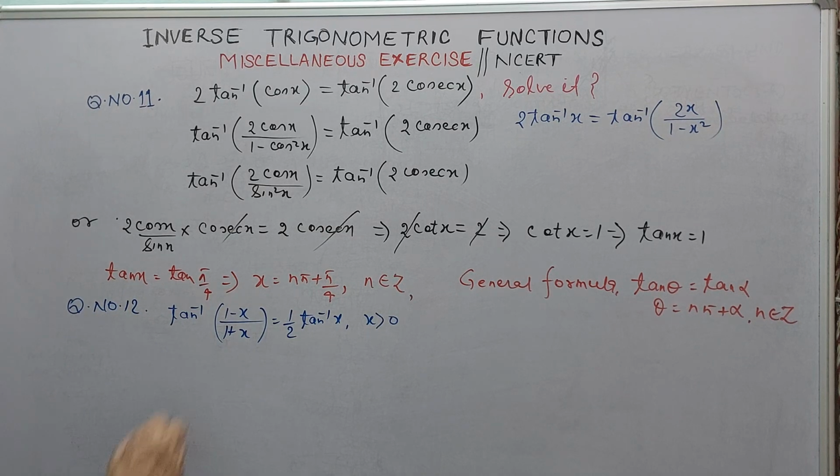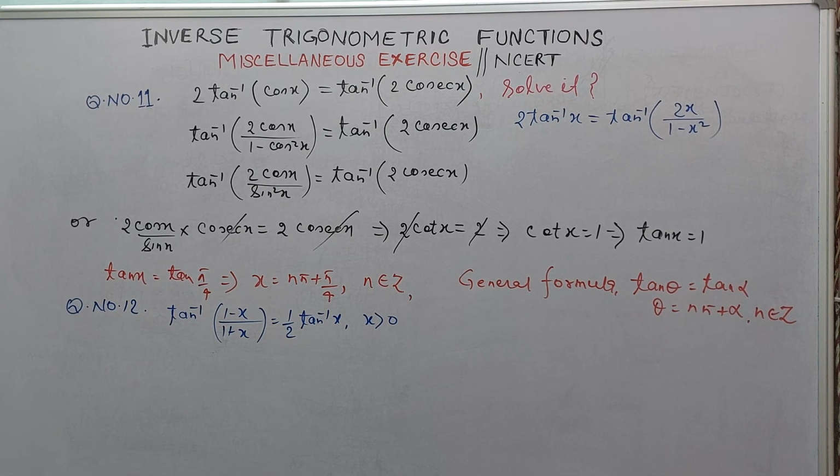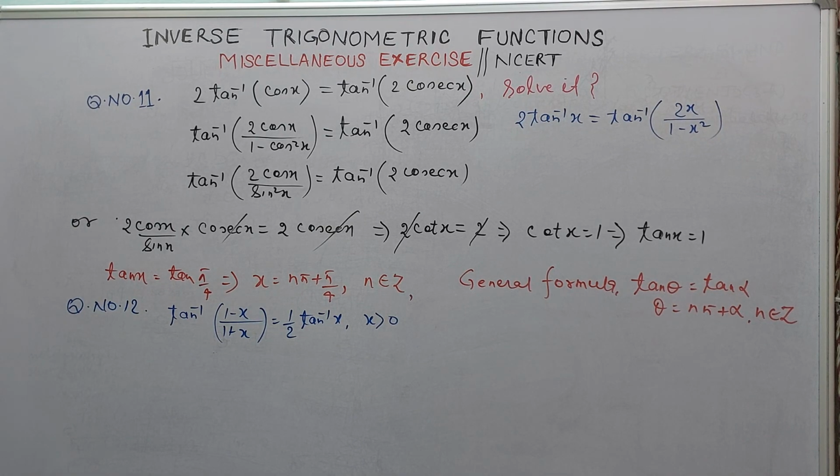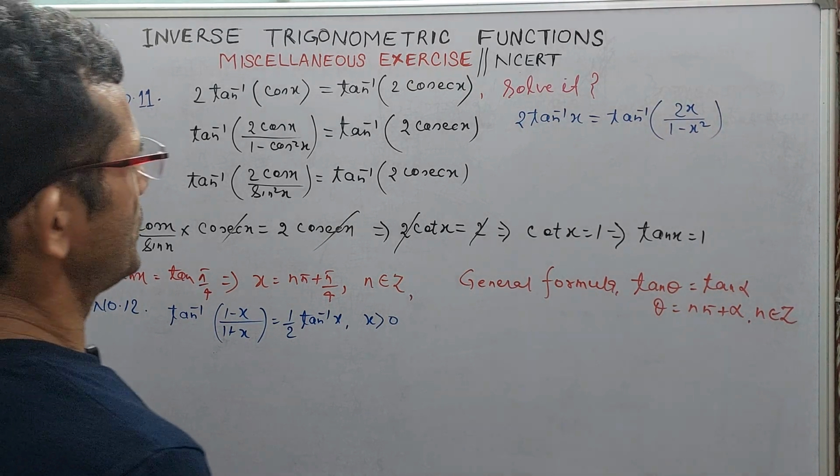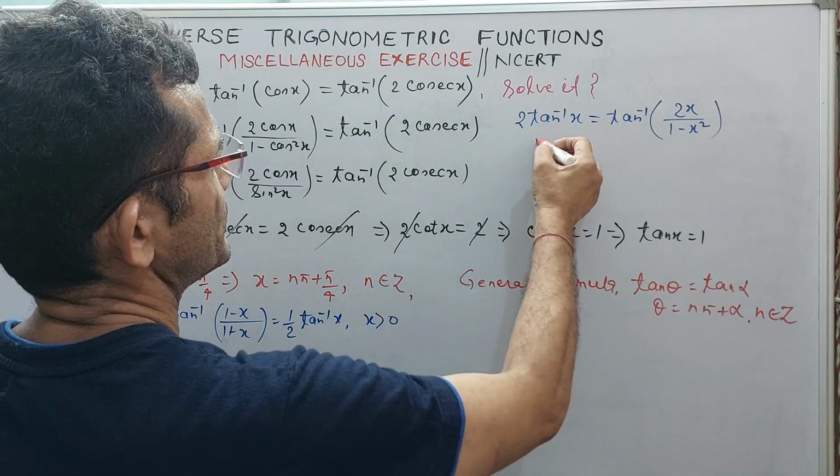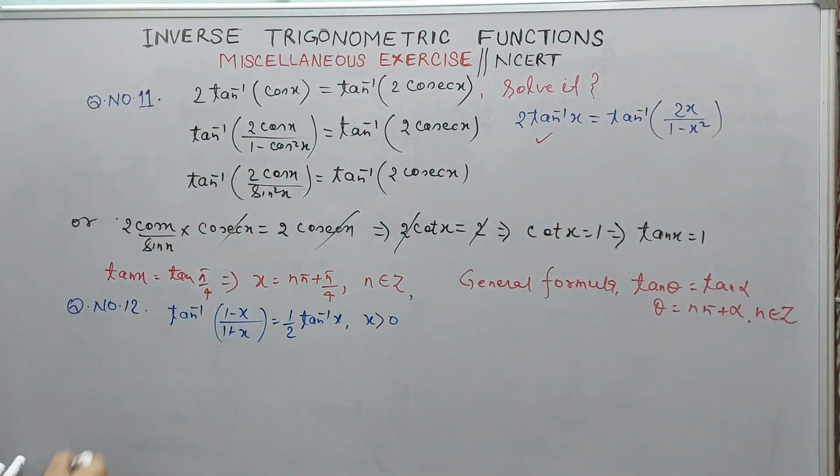Now we can do this, either change this to tan inverse a minus tan inverse b, or we can place x is equal to cos 2 theta. If I place x is equal to cos 2 theta, then it will be simplified. Now in this question we will use this formula. 2 goes to this side.